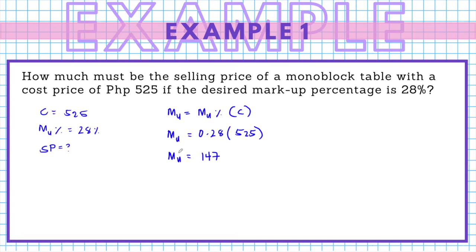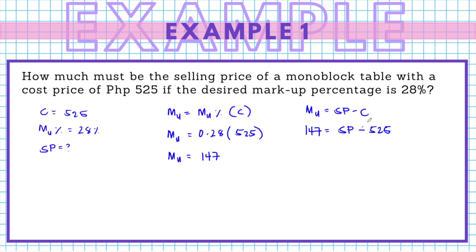Now, using our markup, we can determine our selling price. Since we know that the markup is equal to the selling price minus the cost, we can use this formula to determine our selling price. So substituting what is given, we have 147 is equal to the selling price minus 525.